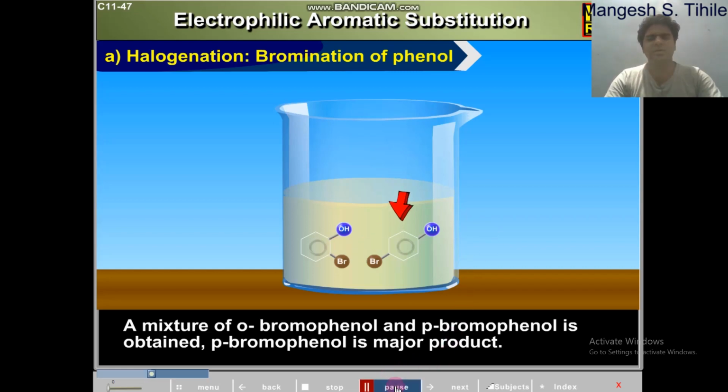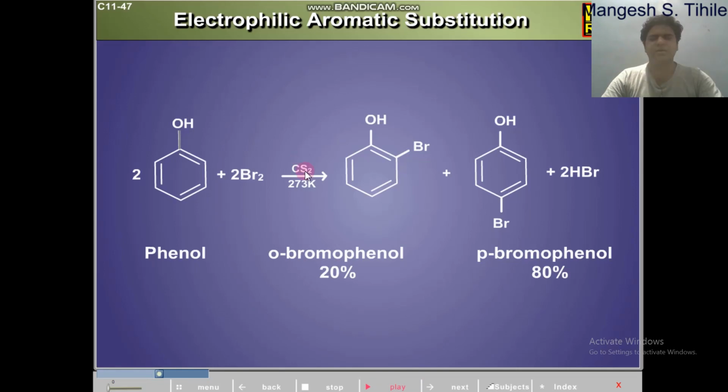Then if we do the reaction of phenol with bromine under carbon disulfide condition at 0 degrees Celsius, we'll get the orthobromophenol and parabromophenol.